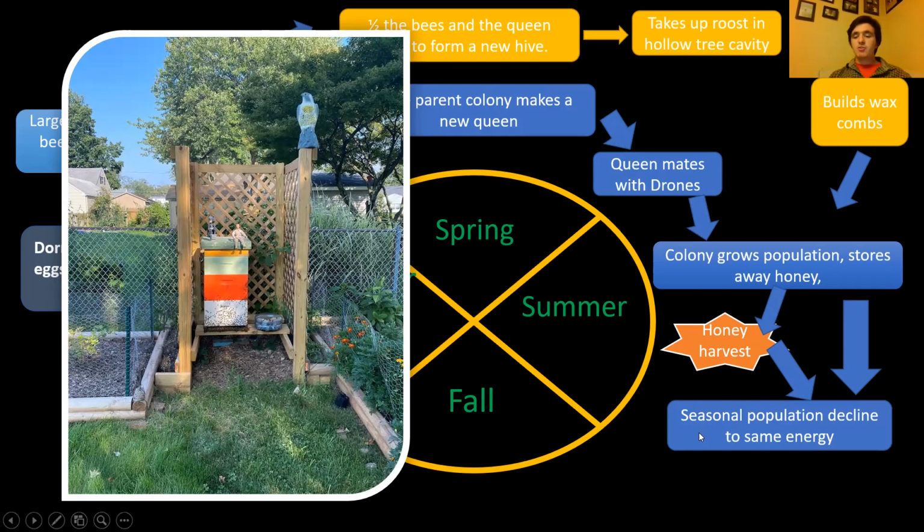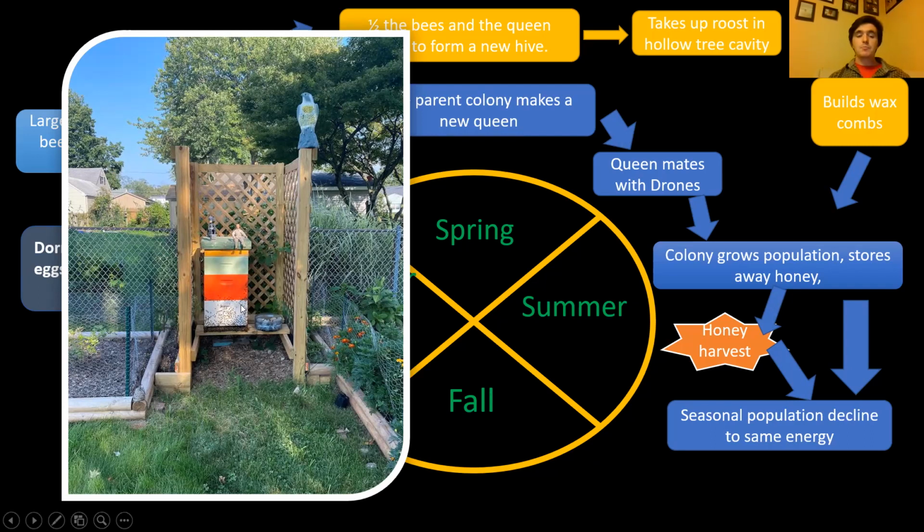There's a seasonal decline in the overall population of the bees in the colony, and that's really a reaction to the fact that they know winter isn't coming right now, and that there's no nectar available out in the trees. Everything's dry. So this is August, and the population of the colony goes down a little bit.